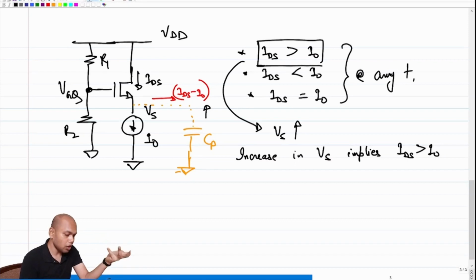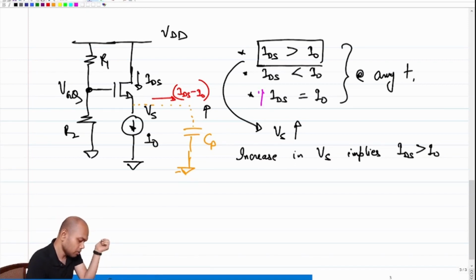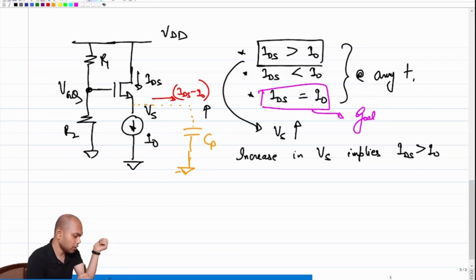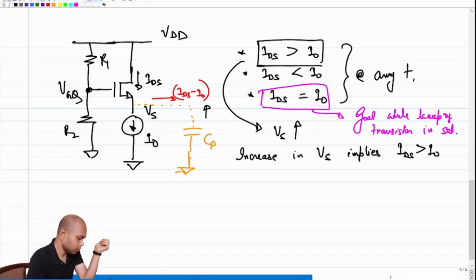And our goal is to reach IDS equal to I naught, while keeping the transistor in saturation.